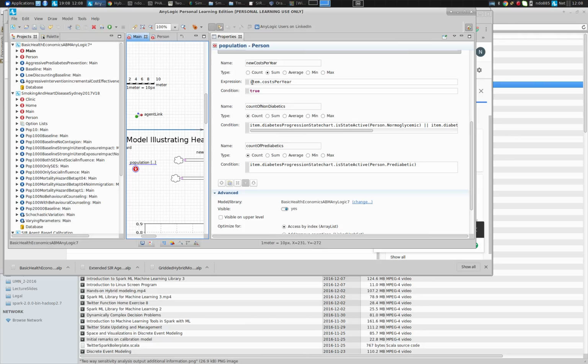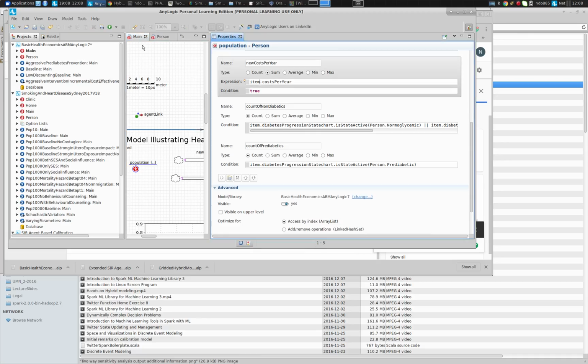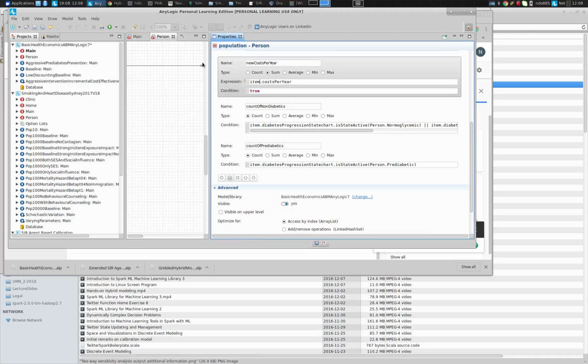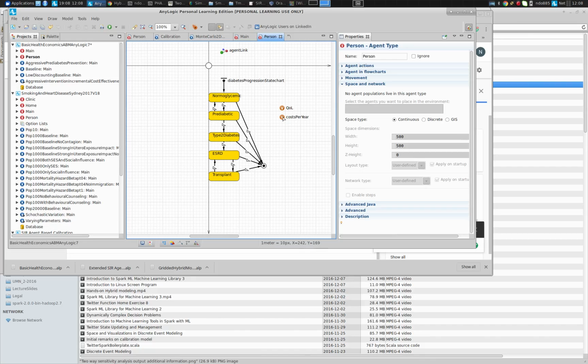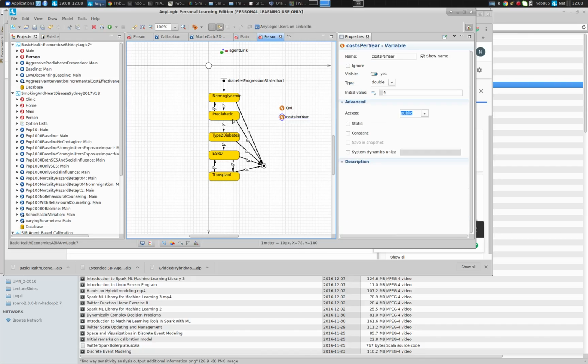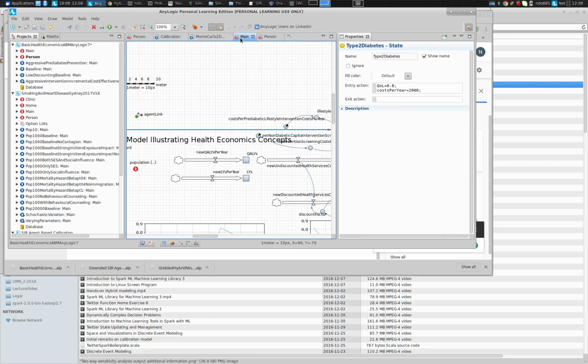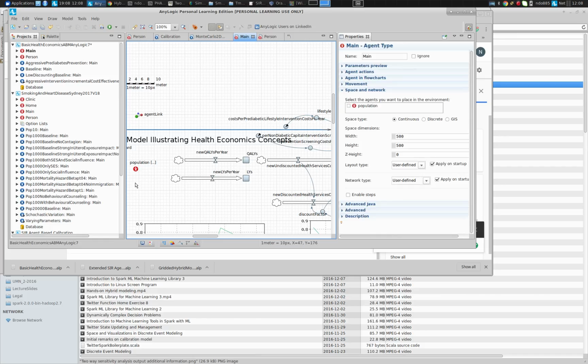These costs per year, where do they live? To what does item refer? In person. Right? Cost per year. Where did that come from? Wherein did the value for this get assigned? Yeah, in the state. Remember we assigned cost per year? The pieces are falling into place.